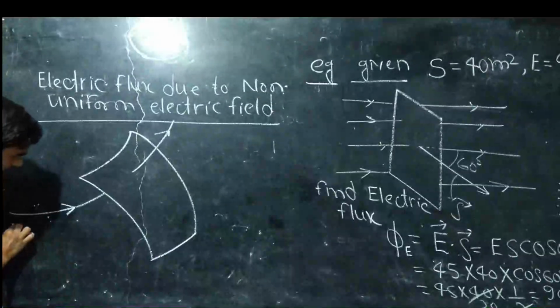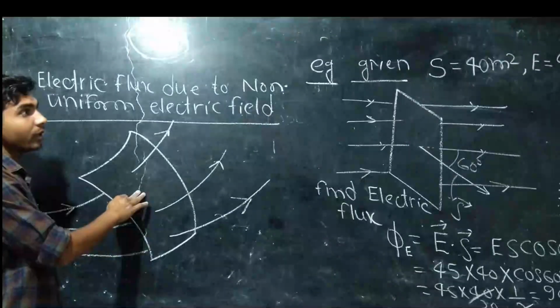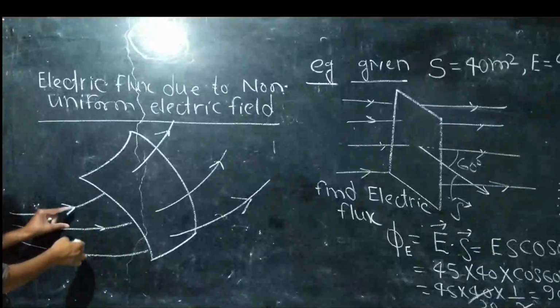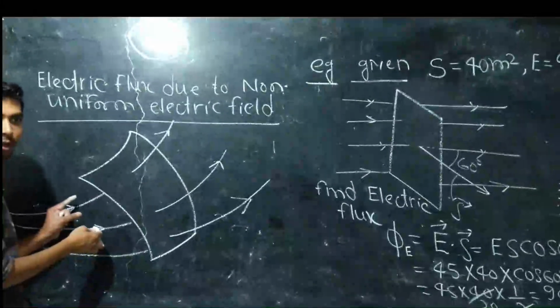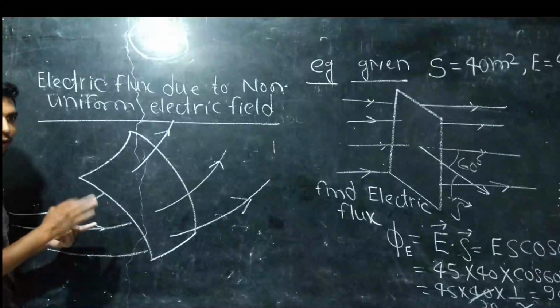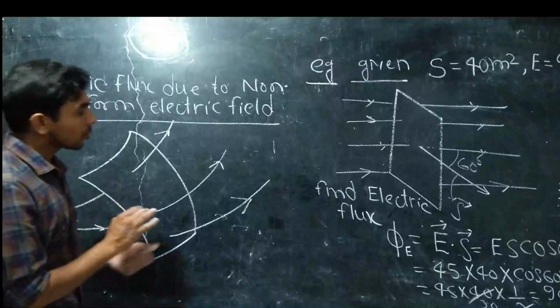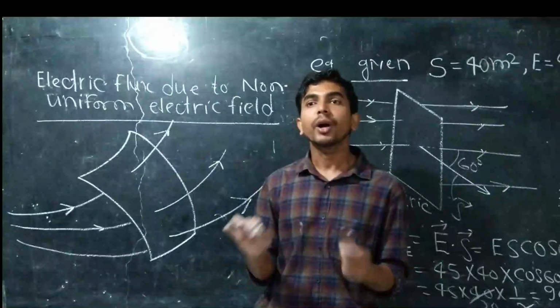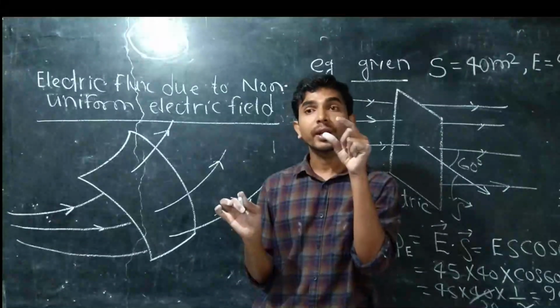Here you can see the electric field is not uniform. The electric field lines are not parallel, yes or no? So to find the electric flux through this area, we have to find the electric flux through a small area.